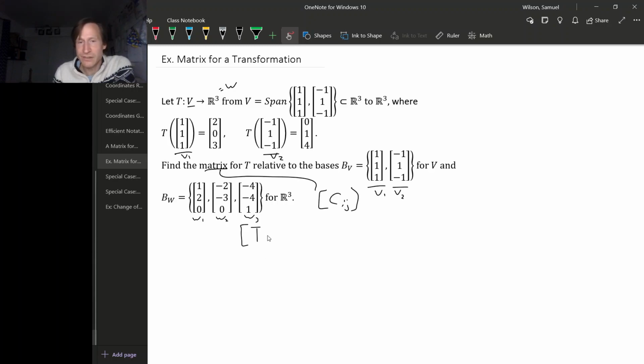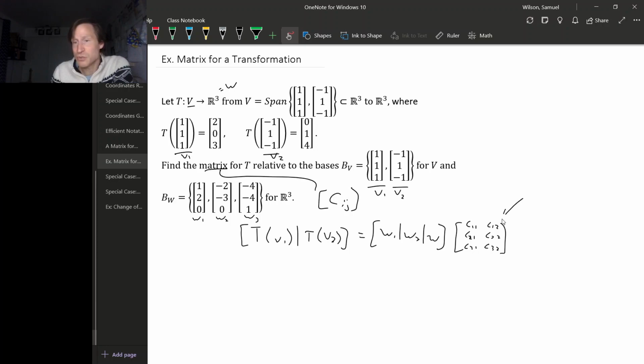So we need to take this equation, T of V1 and T of V2, pack those into a matrix, set that equal to W1, W2, W3, the basis for our range space, times our C matrix. And in this case, the C matrix is going to be 3 by 2. So it's C11, C21, C31, C12, C22, C32.